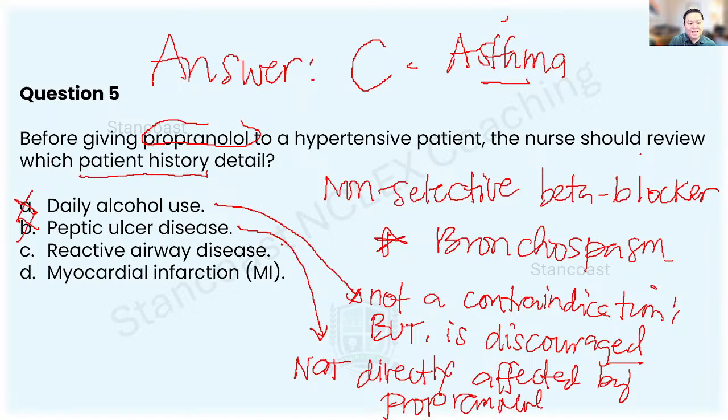Now, what about letter D, myocardial infarction? The myocardial infarction is actually not going to contraindicate the use of beta blockers. Beta blockers will be prescribed, let me just put RX there.